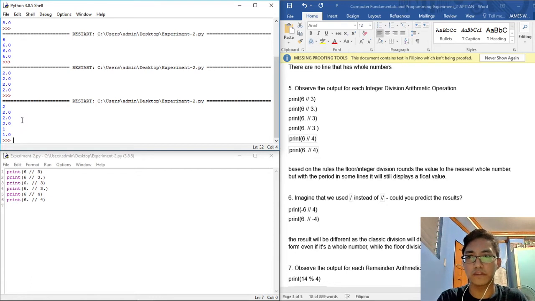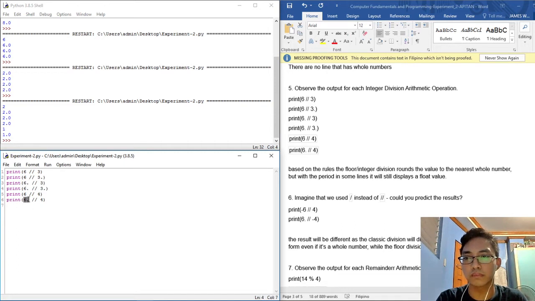As you can see, the first and the fifth lines are integers because from the code, they are all whole numbers. But from the second to fourth lines, as you can see, there are floats here, here, and both of these here.